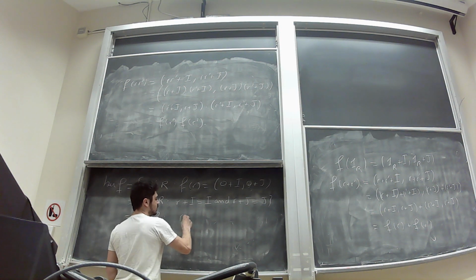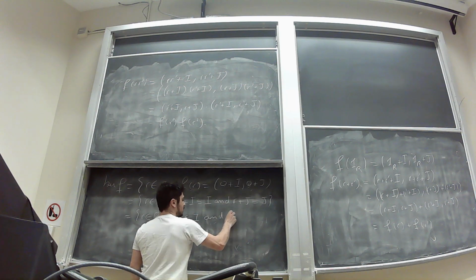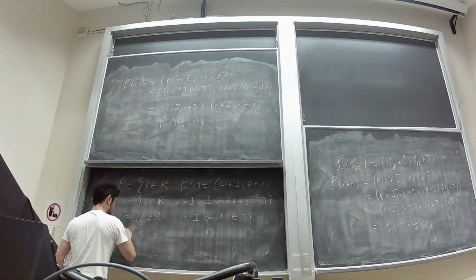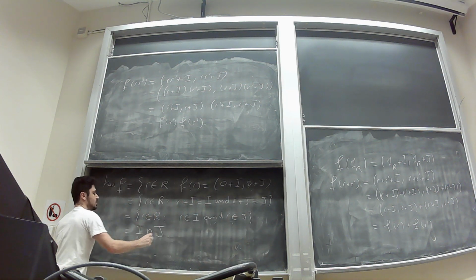This is exactly when r belongs to I and r belongs to J. This is just I intersection J.